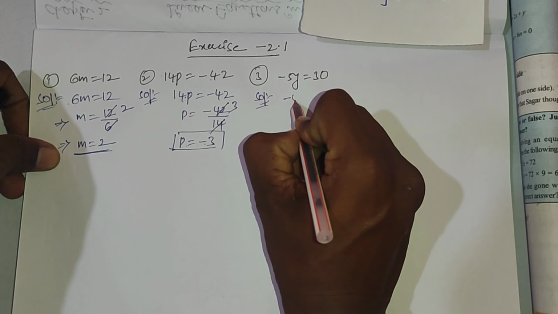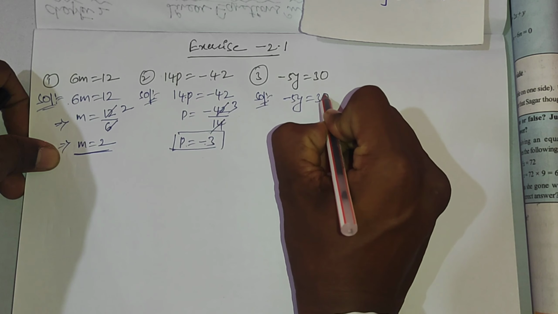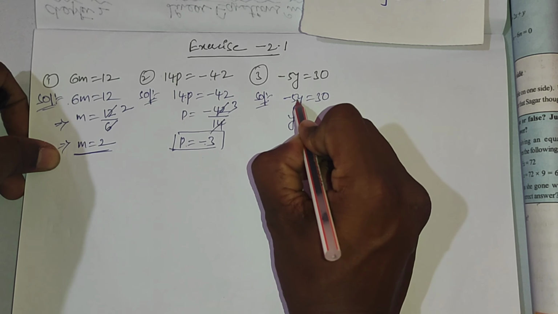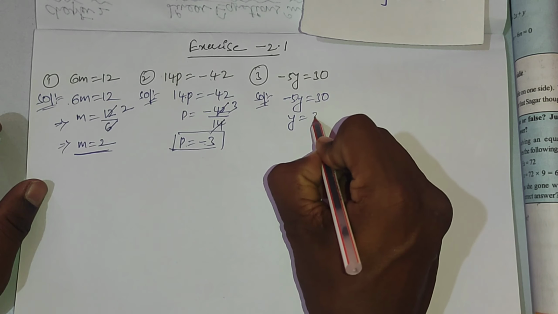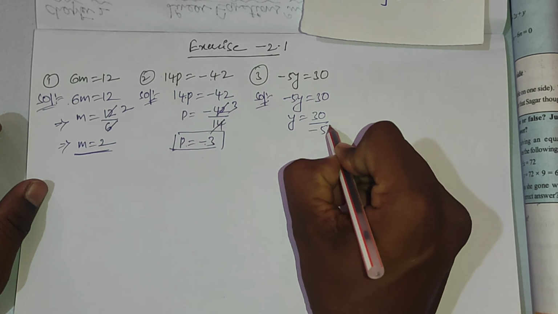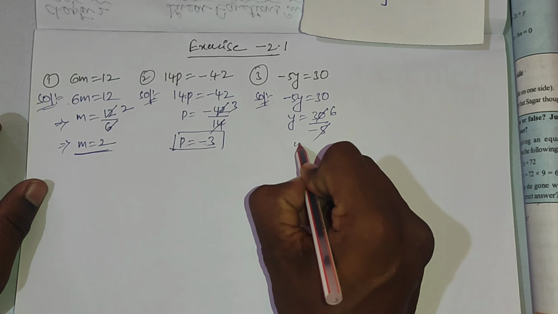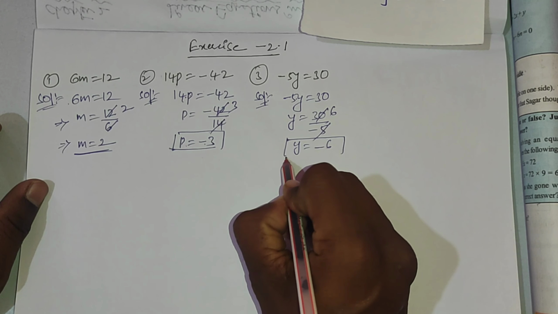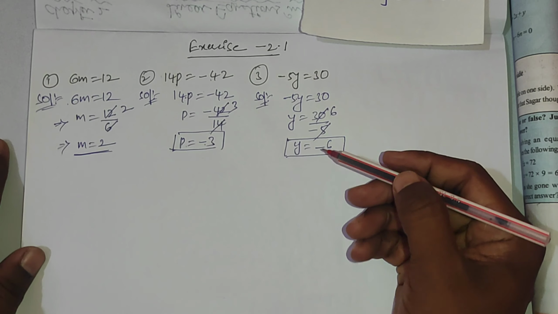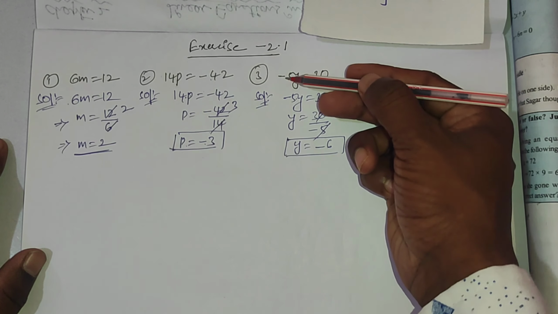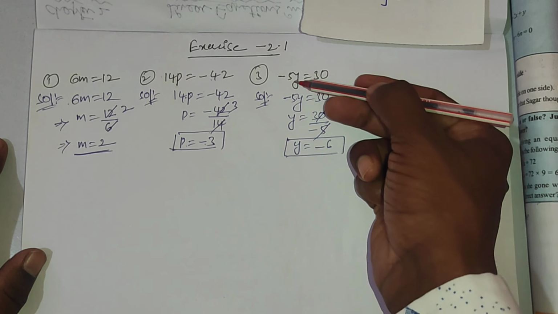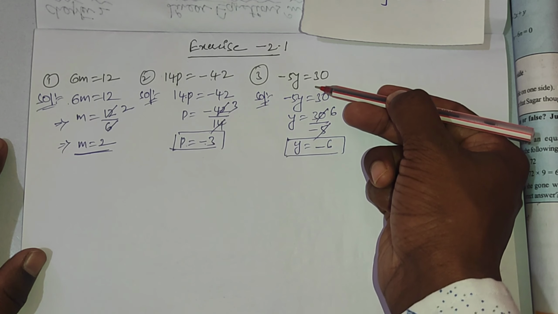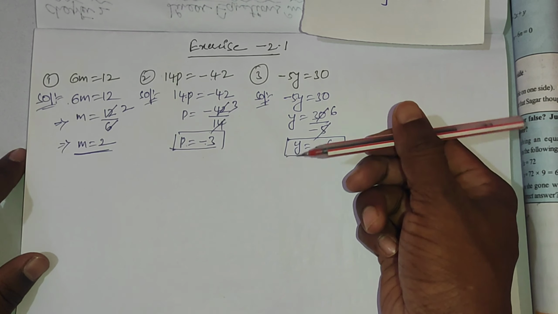Given -5y = 30, then y = 30 by -5, again this is 5 into y, so multiplication becomes division. 5 ones are 5 and 5 sixes are 30. Then y equals how much? -6. If you want to check, replace the y value here: minus into minus becomes plus, 5 sixes are 30. Yes, RHS is 30, so these two are equal.